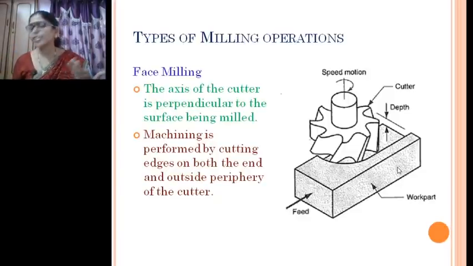Now on which type of materials or cross sections can we perform a milling operation? What is the use of this milling operation? This milling operation is mainly performed on flat workpieces.